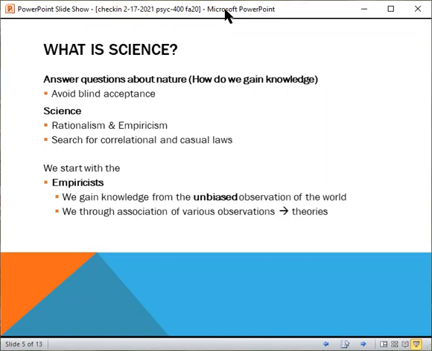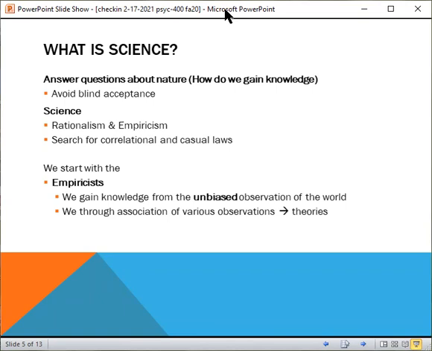Or empiricism was about things that we can sense, hear, see, smell, touch, feel, those types of things. And the driving force behind this notion of science, where we are now, is that we do use both of those, empiricism as well as rationalism, to drive science in this modern era.